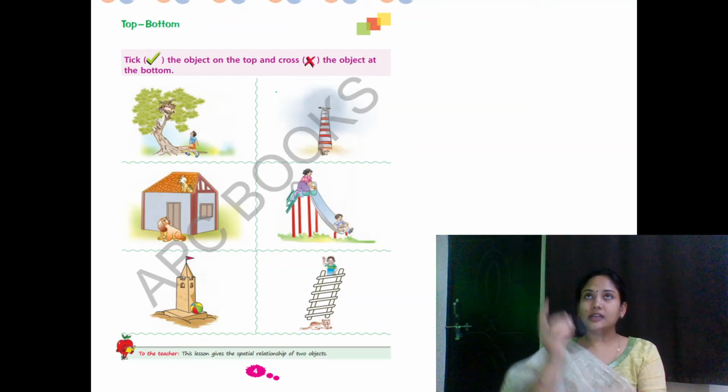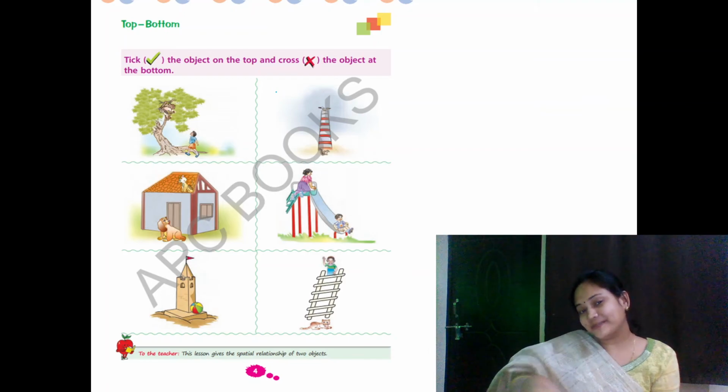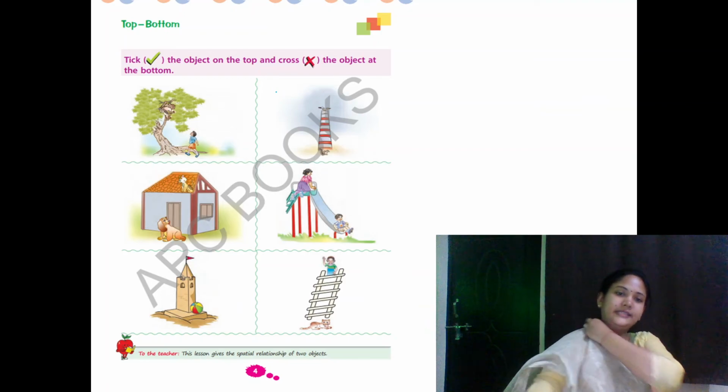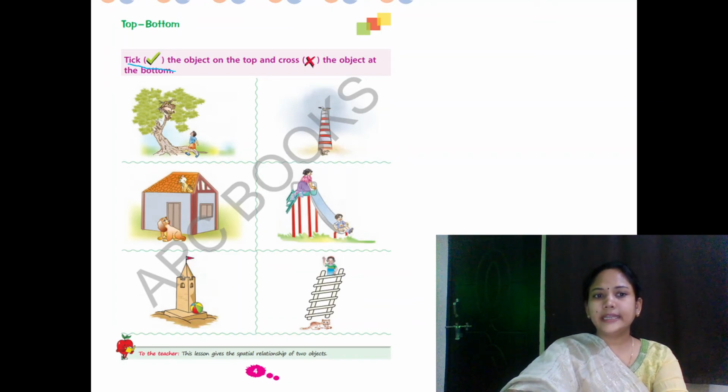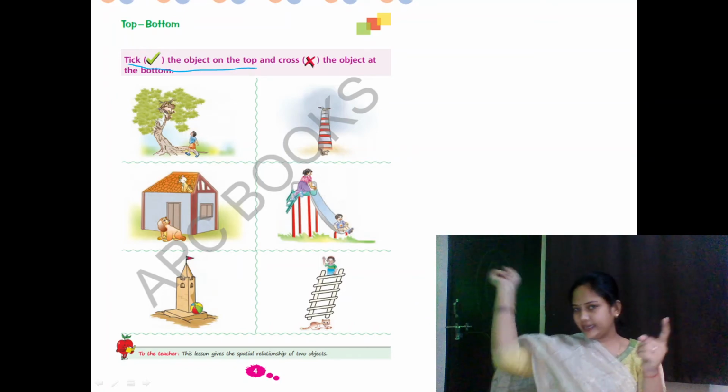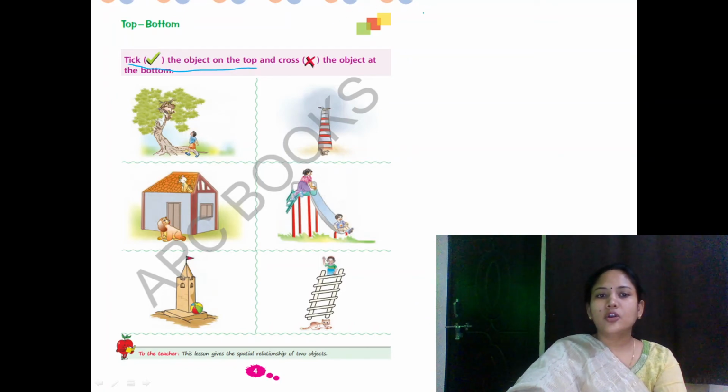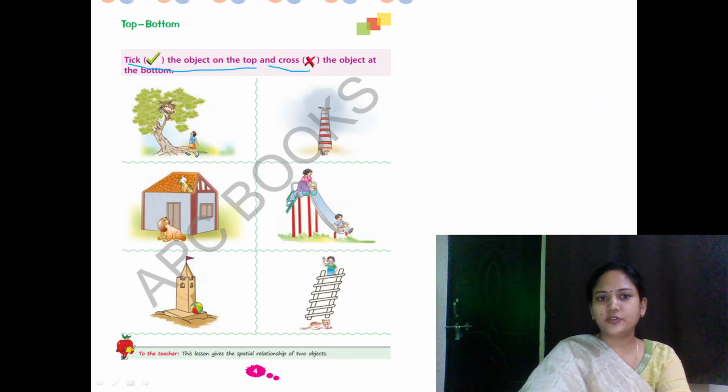So this means top, bottom. Okay. Now let us see the question. You have to tick the object on the top. So जो top पे है उसको tick करना है and cross the object at the bottom. Okay, you have to cross the object at the bottom.